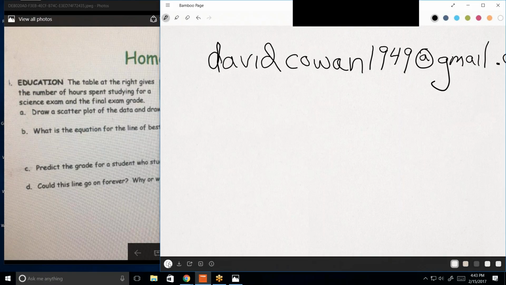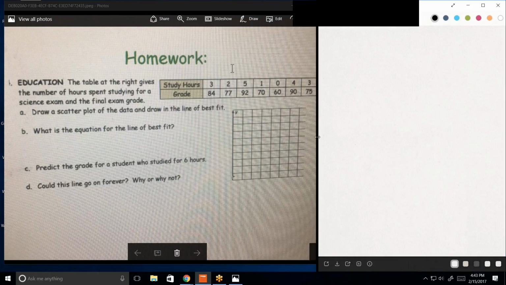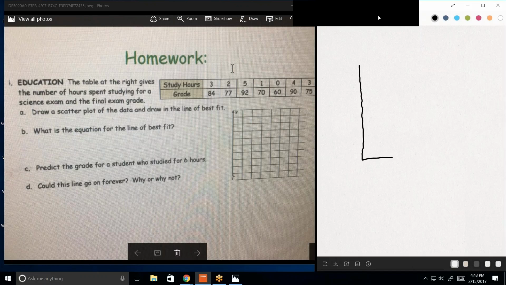Hold on, let me get a new page open here and take this to the right far enough that I can draw a grid. Here's my X and Y axis. What's going to be on the X axis?